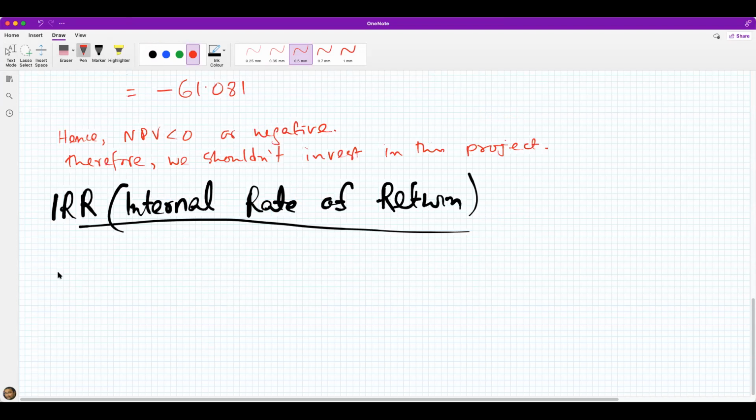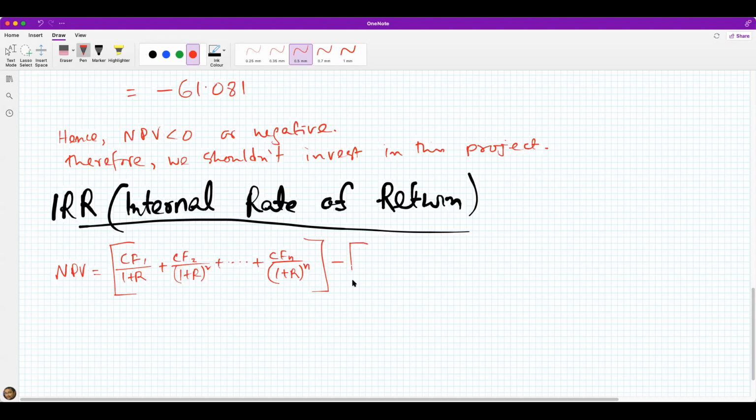You know that if you want to calculate the NPV, then NPV is equal to, let's say, cash flow of year one divided by 1 plus R, plus cash flow of year two divided by 1 plus R whole square, and so on, up to cash flow N divided by 1 plus R to the power N. R is the discount rate. This is the present value of all cash inflow.